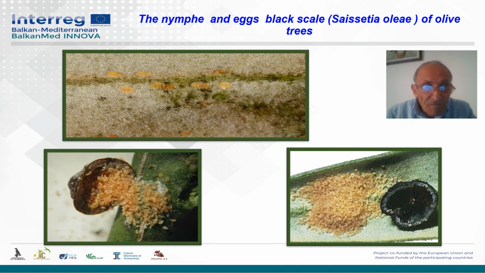Here we see open shells and so many eggs inside of the scale, like pollen or fine sand. Eggs hatch into larvae. Larvae here are fixed on the leaves. I see so many eggs and so many new larvae hatched from the scale.